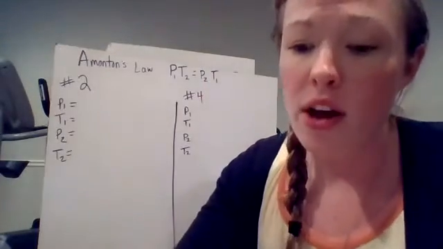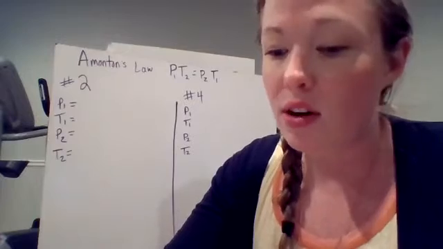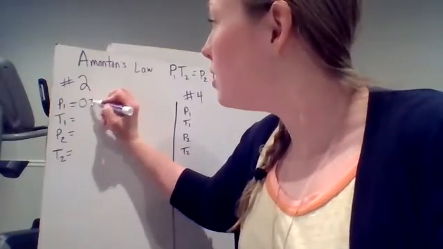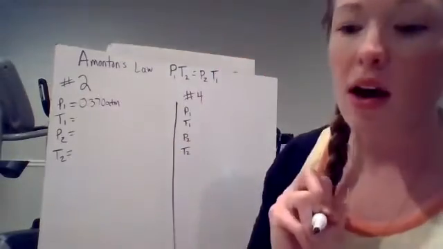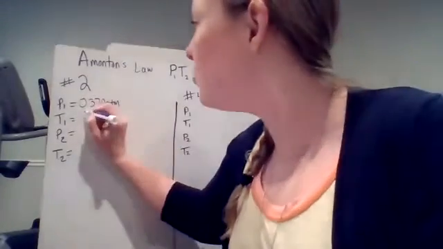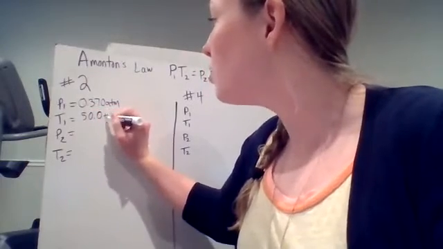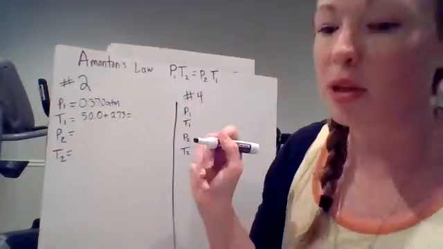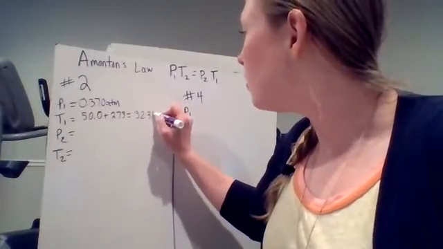So let's start off. The first value given in the problem, gas has a pressure of 0.370 atm. So that's going to be our P1, 0.370 atmospheres. Okay, our initial temperature is 50.0 degrees Celsius. So we're going to add 273 to that in order to convert. 50 plus 273 is 323 Kelvin.